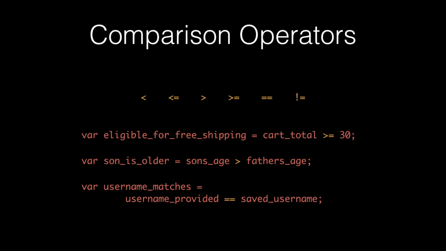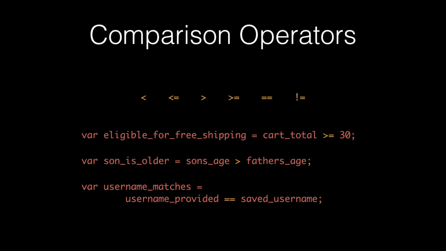Perhaps saved username is the username we looked up in a database, and username provided is a value that we retrieved from a form field or something like that. Well, we would simply be comparing them, and if they are equal to each other, if they are the same, then that would reduce to true. And if they're not the same, then it would reduce to false.